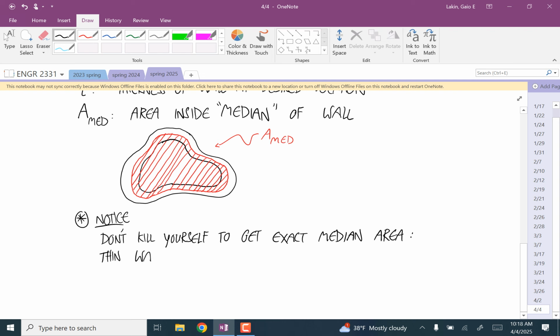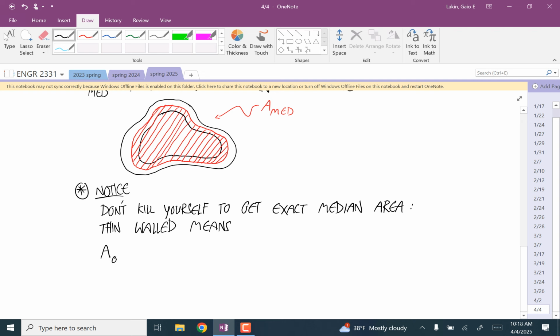The fact that this is thin-walled means that the outer area, go to the outer edge of the wall and take that area, is really not too different from the median area, is really not too different from the inner area. So there are a lot of cases where it's a lot easier to just calculate the outer, calculate the inner, and average them. It's not exact, but it's close enough, more than close enough.